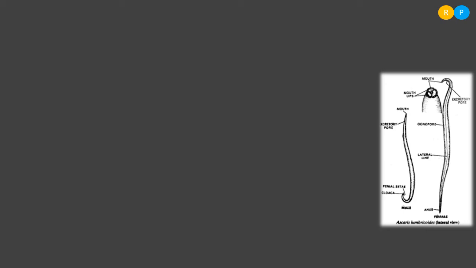We saw in the Platyhelminthes that both sex organs are produced, that means both gametes are produced within the same animal. That means the animals there were bisexual. But here the animal is unisexual. That means sexes are separate. The male worm is separate, the female worm is separate. You can see that in the diagram.